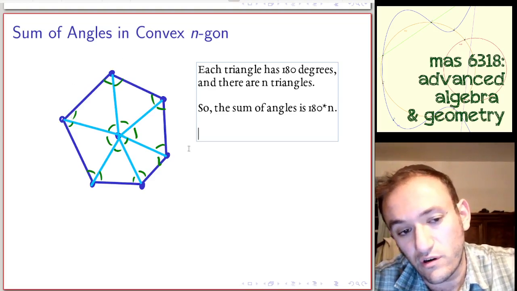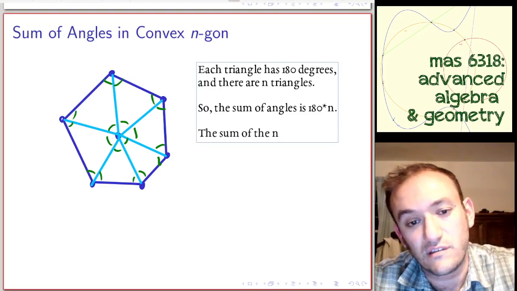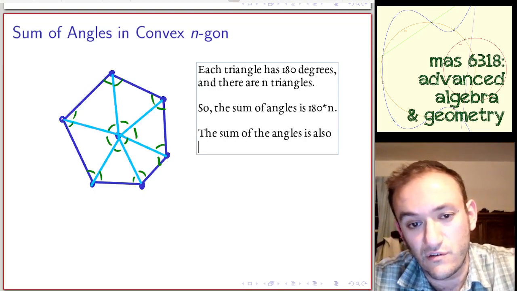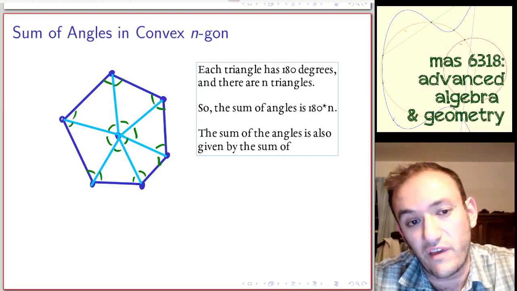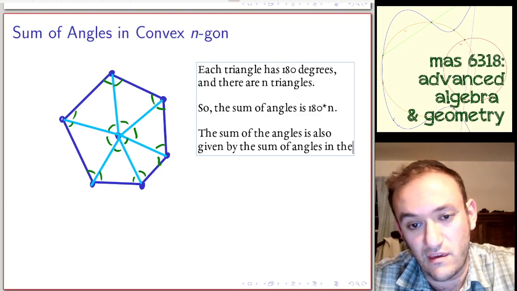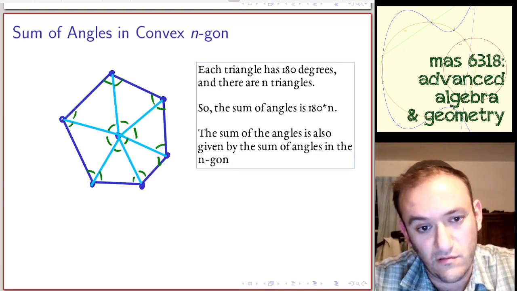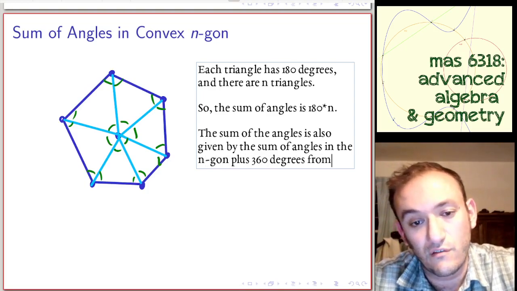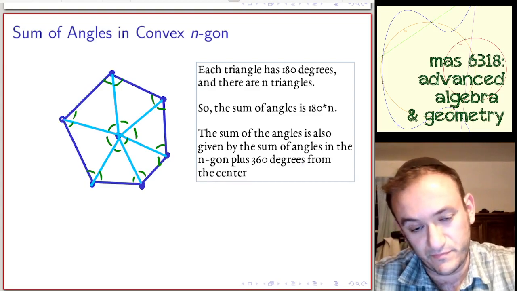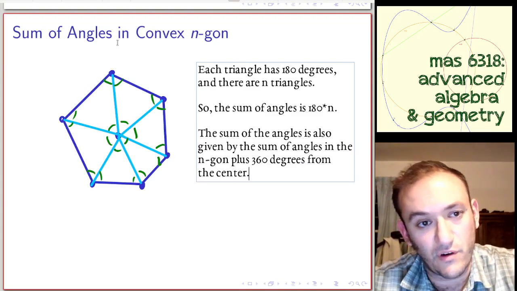But if we count this differently, looking at the corners, the sum of the angles is also given by the sum of angles in the N-Gon plus 360 degrees from the center. Okay? And so what does that mean for us?